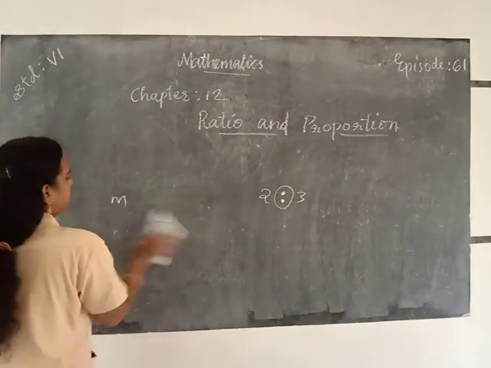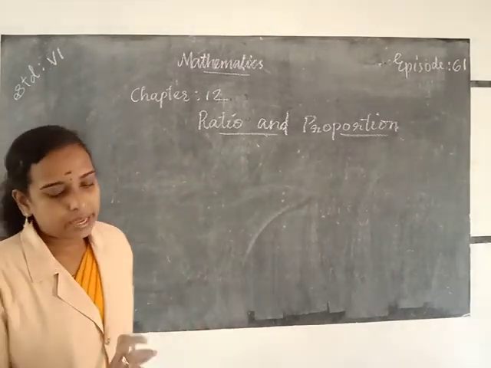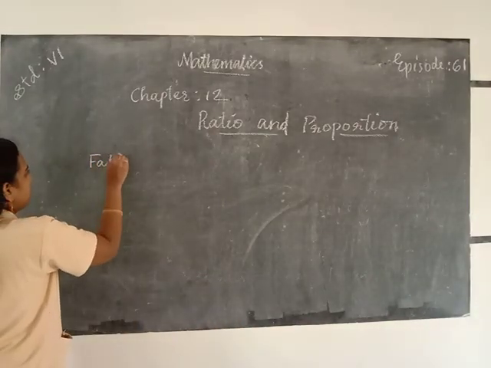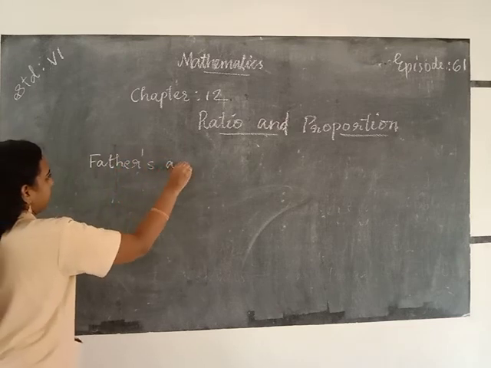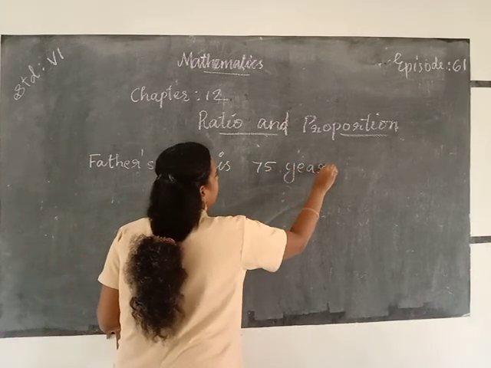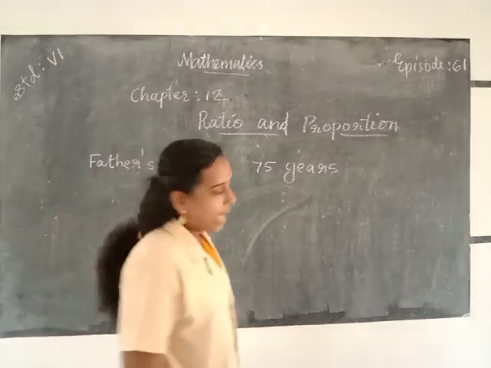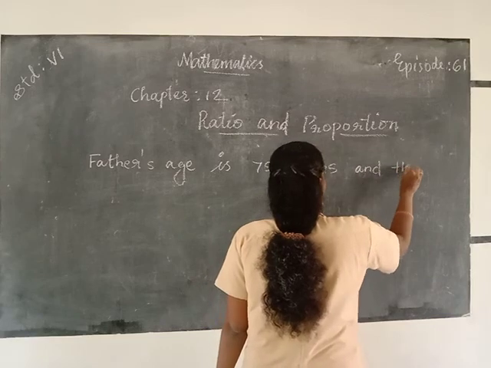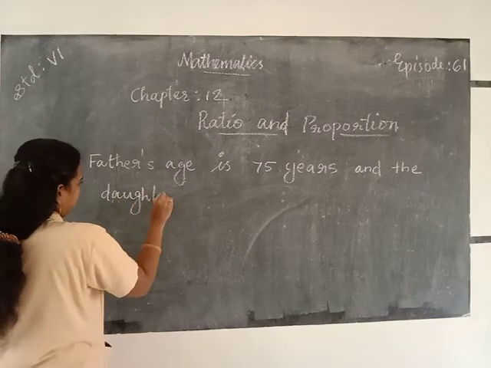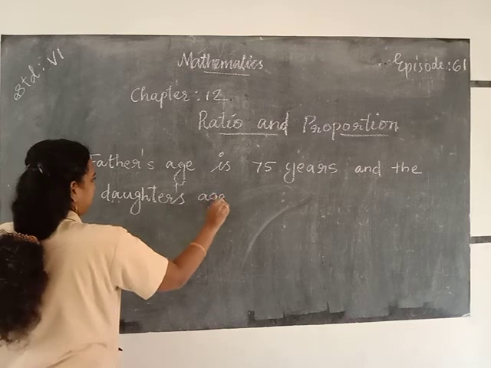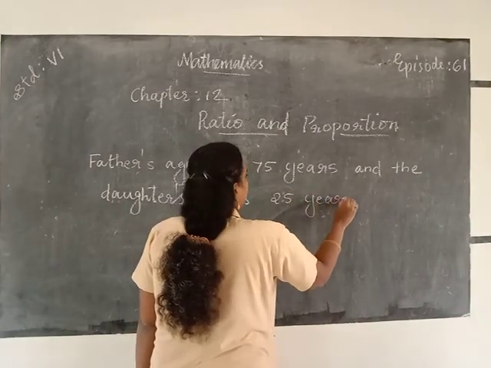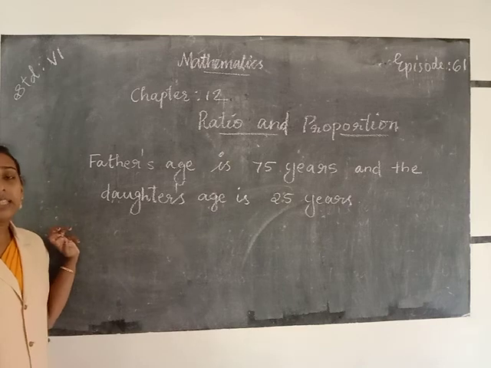Let's see. If the question is like this: father's age is 75 years and the daughter's age is 25 years, and we want to write the ratio of father's age to daughter's age.